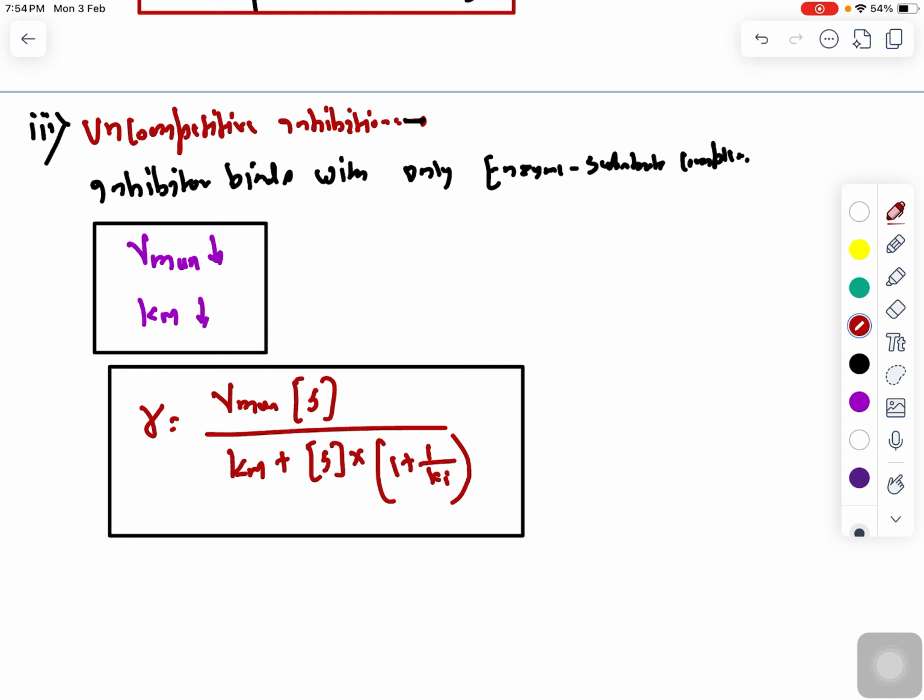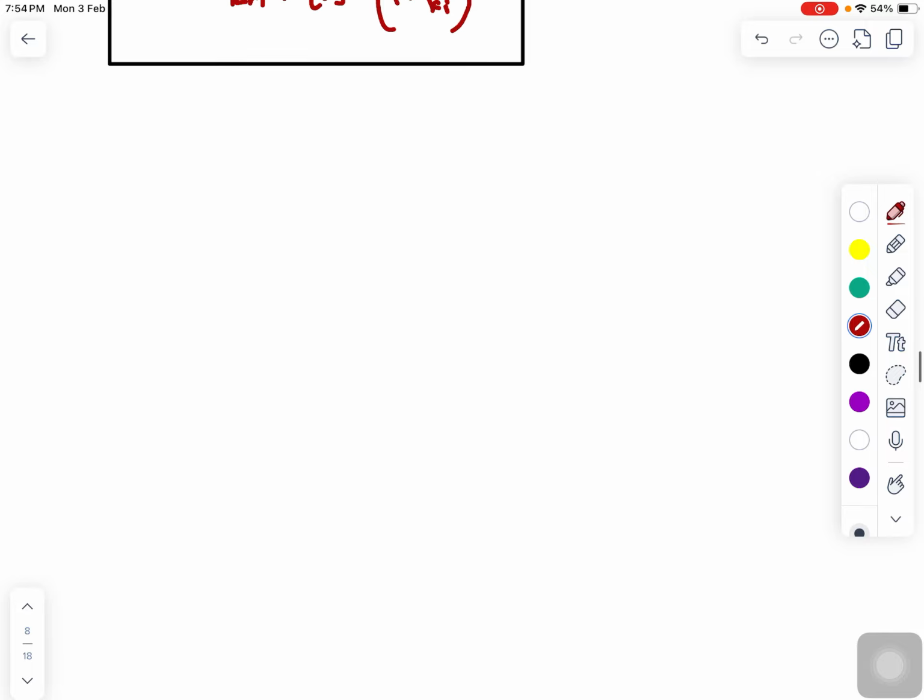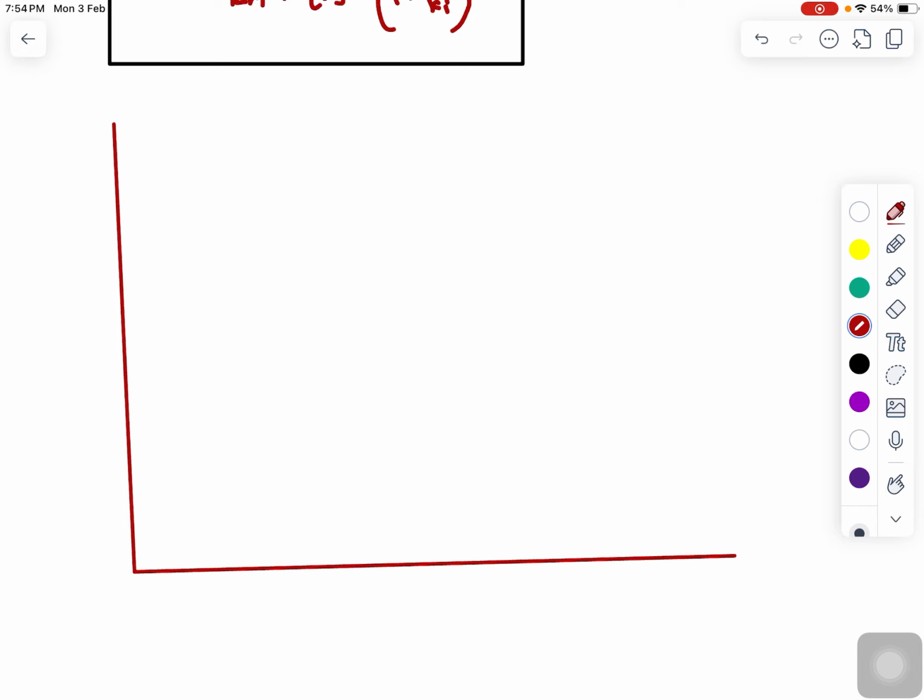Okay, so if I am talking about this thing, if we make a plot something like that, a Lineweaver-Burk plot. In one case Km was decreasing, in one case Vmax was decreasing, and in the third case, the uncompetitive inhibition, both Km and Vmax were decreasing.